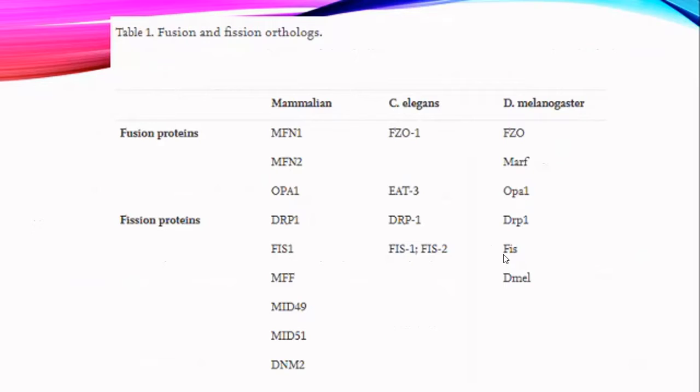Now, we have different fusion or fission proteins in different species. For example, in mammalian, the fusion proteins required, we have the MFN1, MFN2, OPA1, while in C. elegans, they have only two identified, which are FZO1 and EAT3, and in Drosophila melanogaster, we have FZO, MARF, and OPA1.